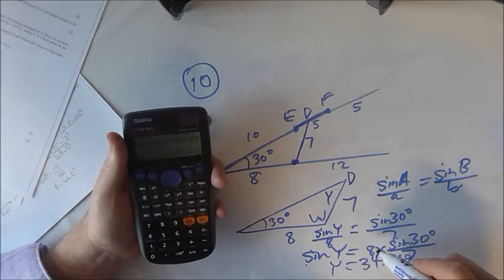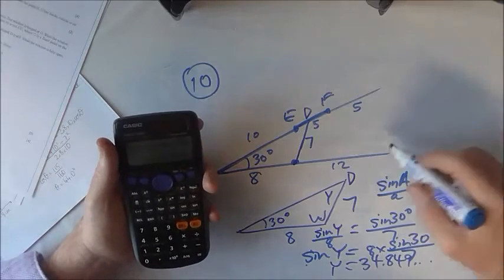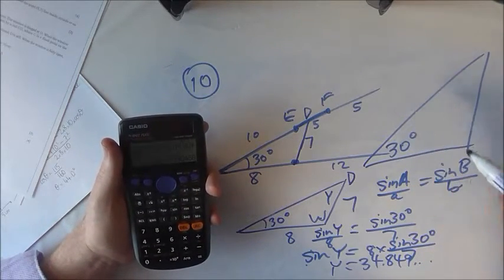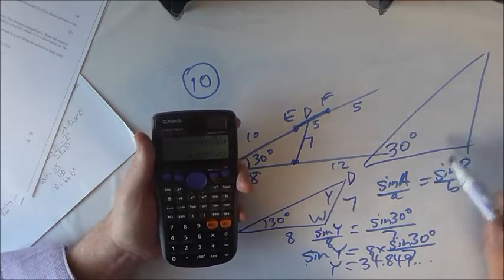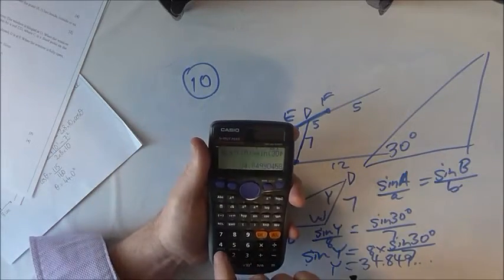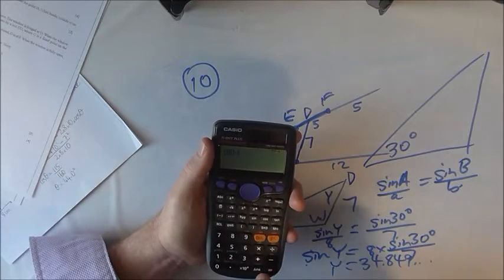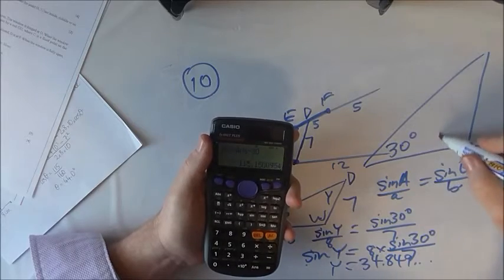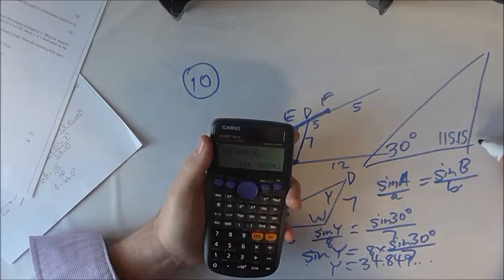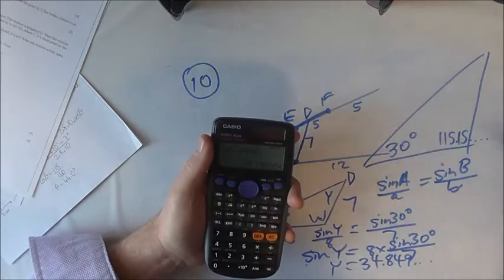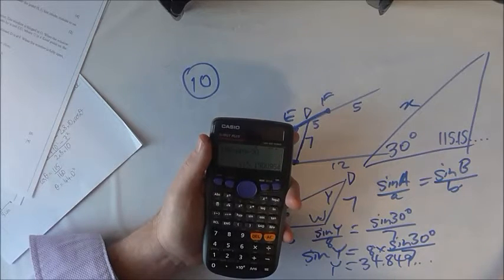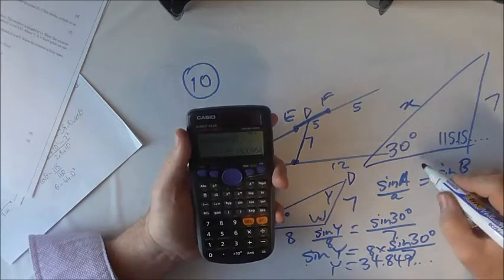So W is, draw the triangle out again, that's 30. That's 180 minus answer minus 30. So that's 115.15, etc. And we want to know this distance here. We're told that that's 7 and that's 8.